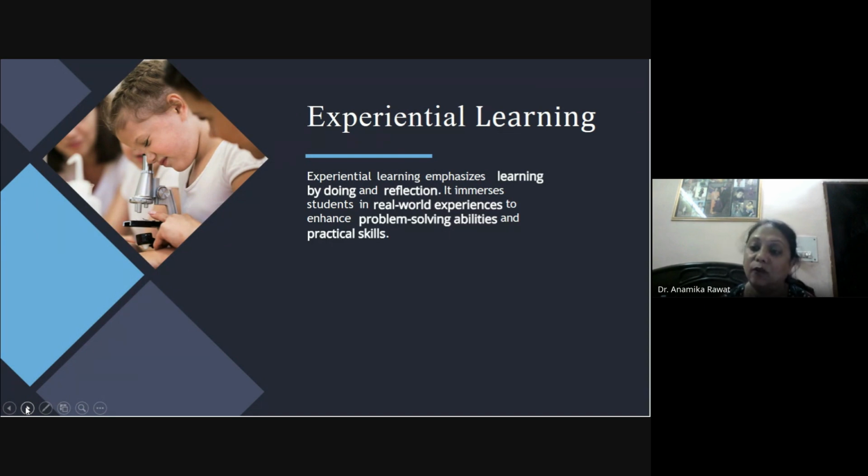Then what is the difference between experimental learning and experiential learning? There is a difference between both. The first difference is that in experimental learning, they do experiments in the lab. But when we talk about experiential learning, how can non-practical background students explore in a practical way?